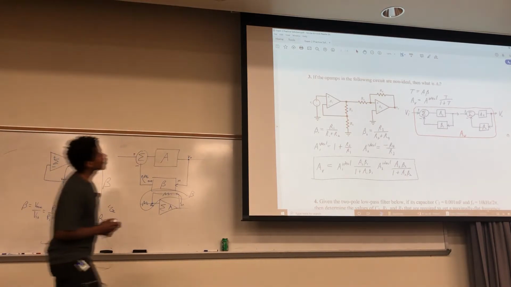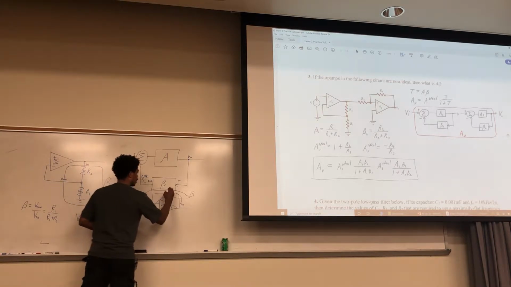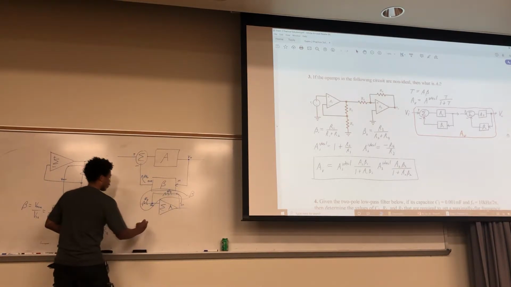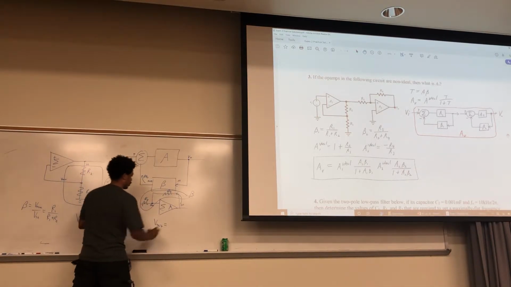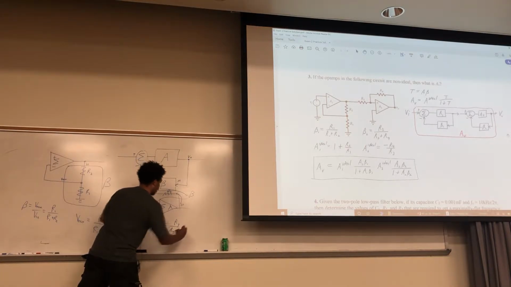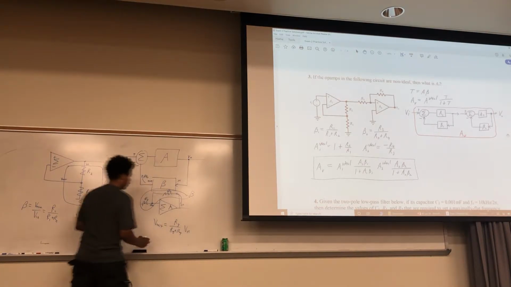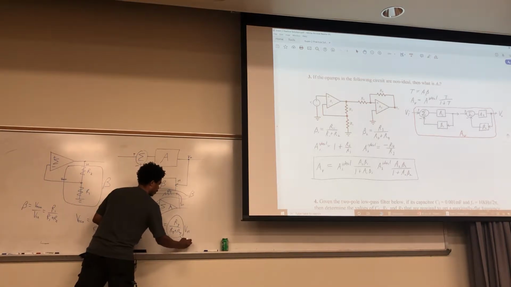So that's R3, R4. For your V out, if you do your voltage division again, you have R3 divided by R3 plus R4 multiplied by your input. The ratio of that is just this piece right here. So this is the beta.